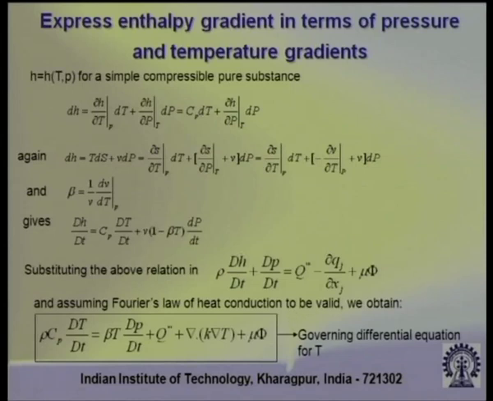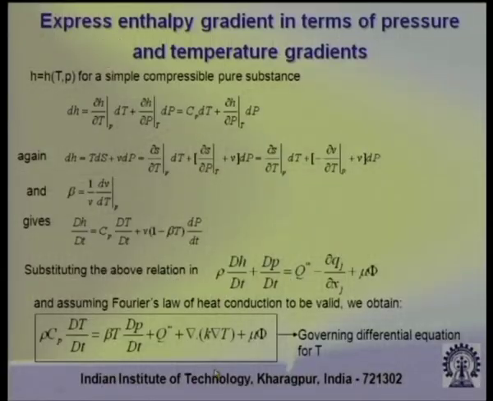The heat flux is proportional to the negative of the temperature gradient, and it is again a linear constitutive relationship. Just like you have Newton's law of viscosity for momentum transport, it is a similar thing for heat transfer, where here the proportionality constant is the thermal conductivity K.